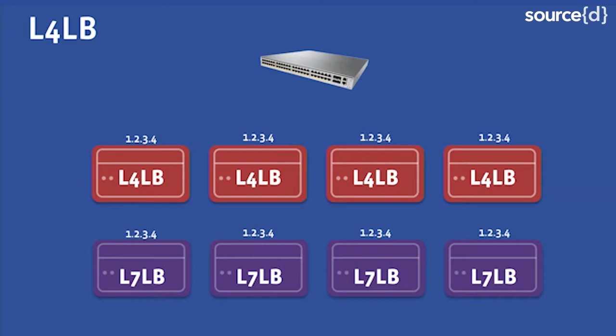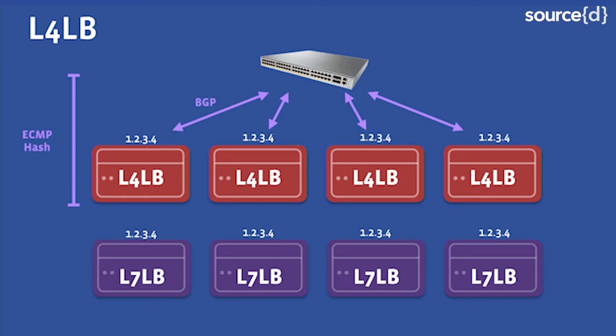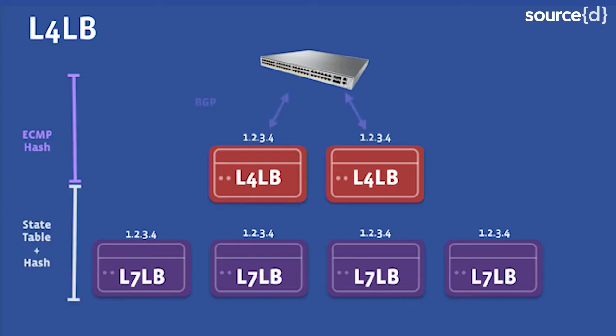So, okay, how does this work? Again, we're going to show it as a hierarchy, but we know now this isn't actually how it works. Our Shiv instances announce or peer with the top of rack switch over BGP. All of them run exabgp and announce the actual destination address as a /32 to the router. What happens then is a request will come into our layer 4 load balancer.